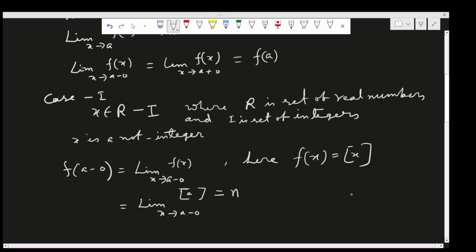A is not an integer, so n will be n less than a less than n plus 1, there are two consecutive integers n and n plus 1. As for example, suppose a is equal to 2.5, then n will be 2 less than 3, and a is taken 2.5. So greatest integer less than 2.5 is 2.